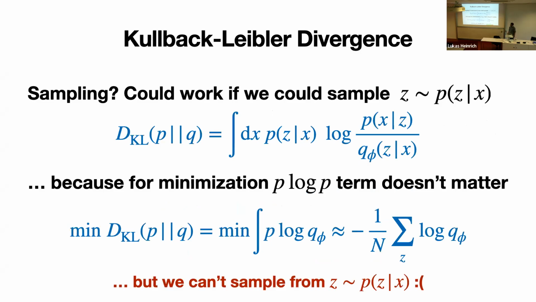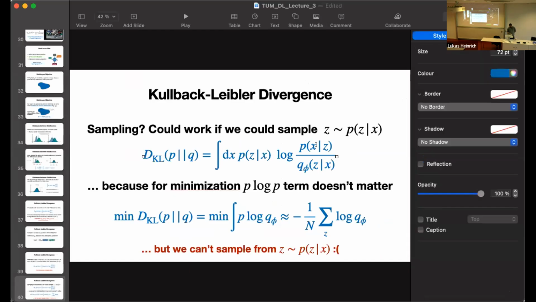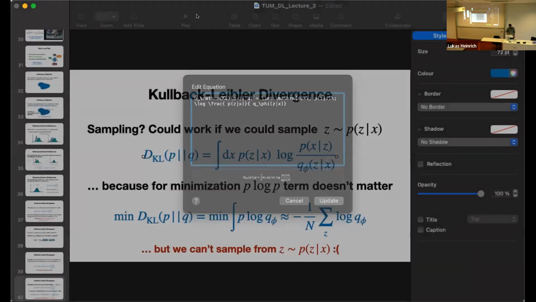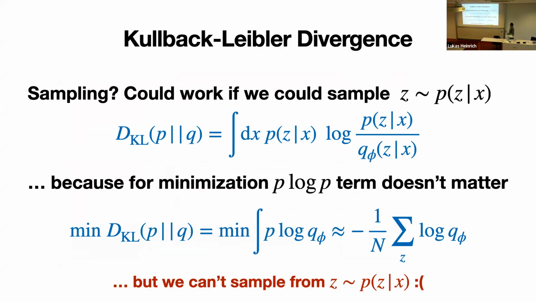You might imagine, okay, maybe sampling works. Do I actually need to evaluate P of Z given X? There's also a typo here, sorry. Let me just fix this quickly. Z given X, all right? So let's say we have our KL divergence.